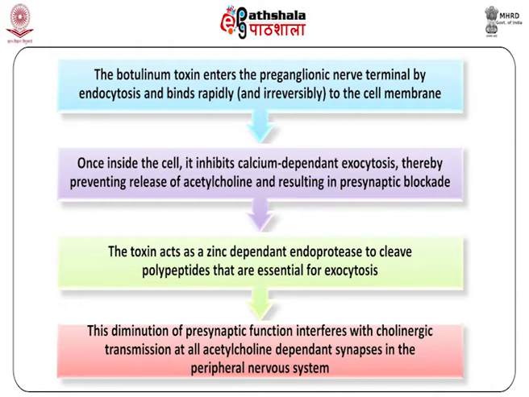The toxin acts as a zinc dependent endoprotease to cleave polypeptides that are essential for exocytosis. This diminution of presynaptic function interferes with the cholinergic transmission at all acetylcholine dependent synapses in the peripheral nervous system. There is no effect on the central nervous system or on the axonal conduction.